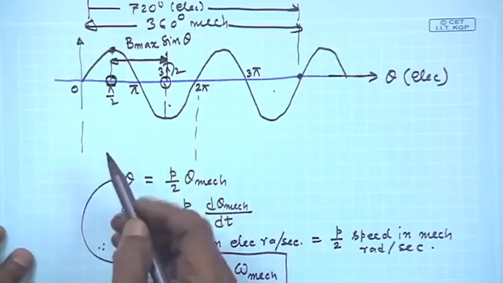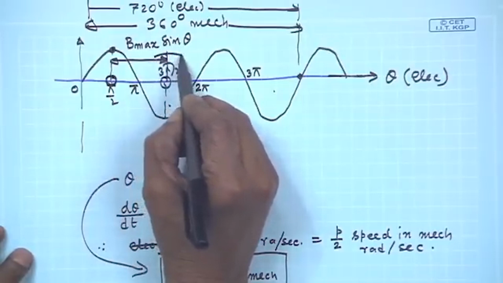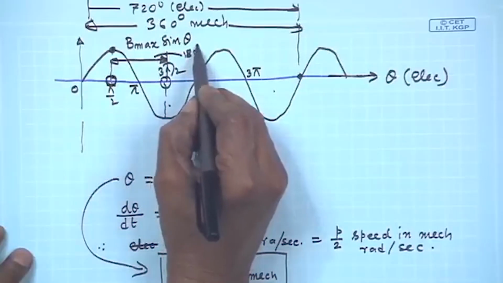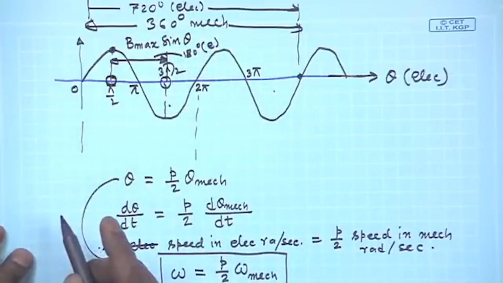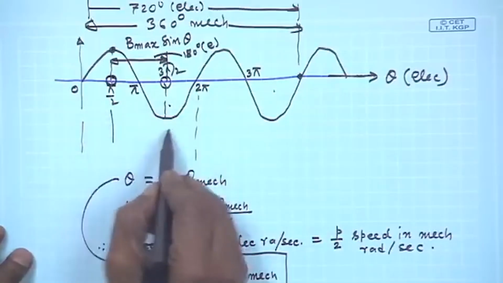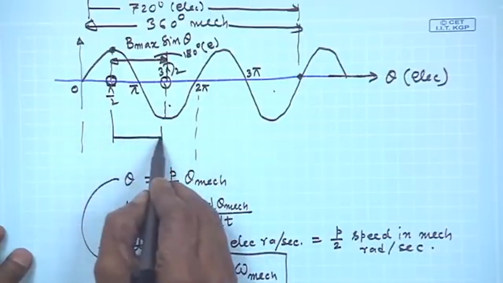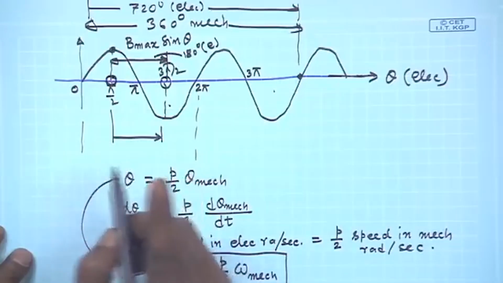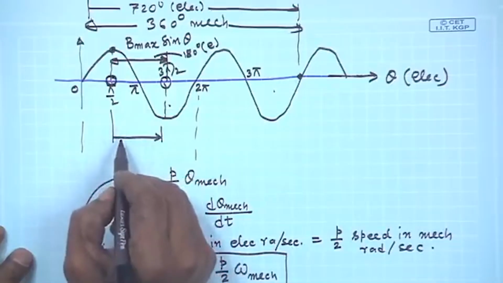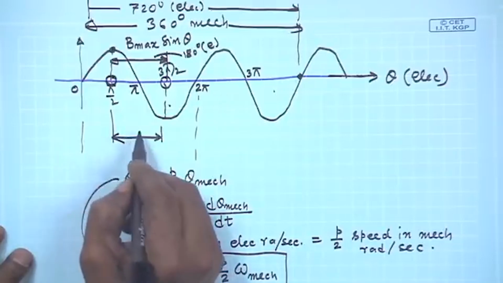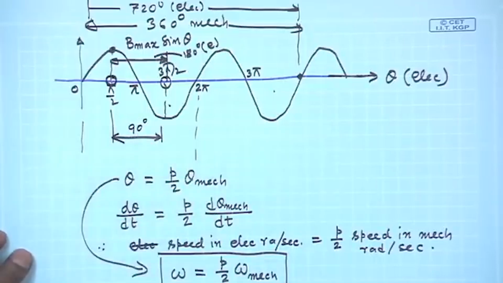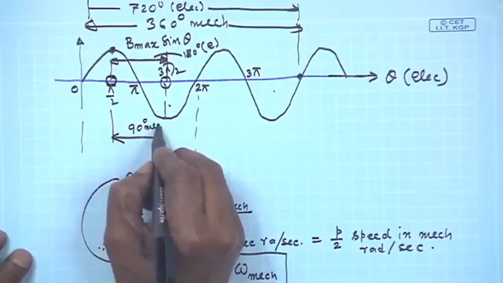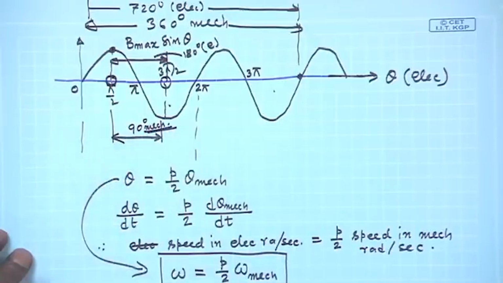In terms of electrical degree, it should be 180 degree electrical, but in terms of mechanical degree this angle is only how much? Not 45, 90 degree, half of this. So, this is 90 degree mechanical. Got the point?